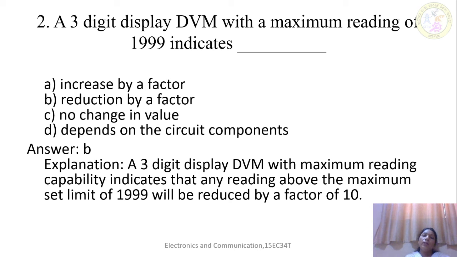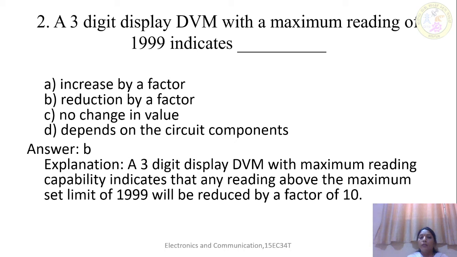Next question is, a 3-digit display DVM with a maximum reading of 199 indicates, options: increase by a factor, reduction by a factor, no change in value, depends on the circuit component. Answer is B, reduction by a factor.